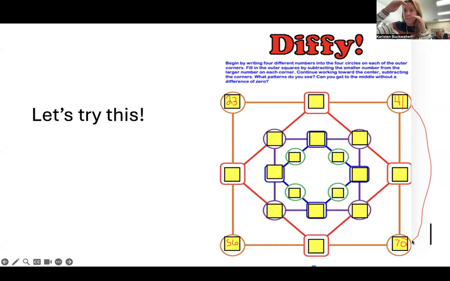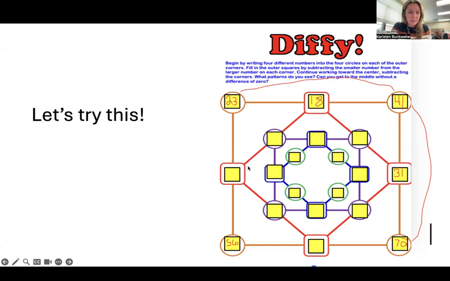So take your bigger one minus your smaller one and subtract them. So 72 minus 41 is 31. And so I'm going to put that in the middle of them. From 41 to 23, you may use your calculators if you want to just double check. 41 minus 23 is 18. So when I found the difference of them, they are 18 apart.